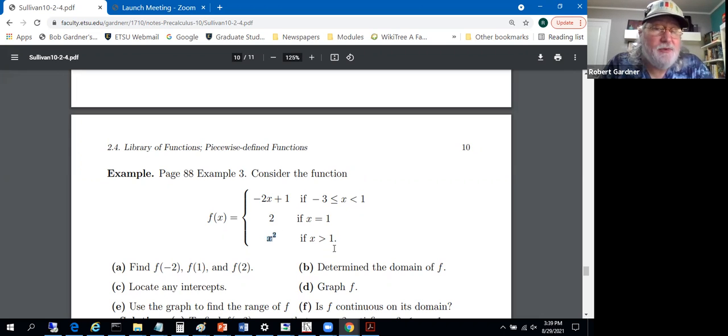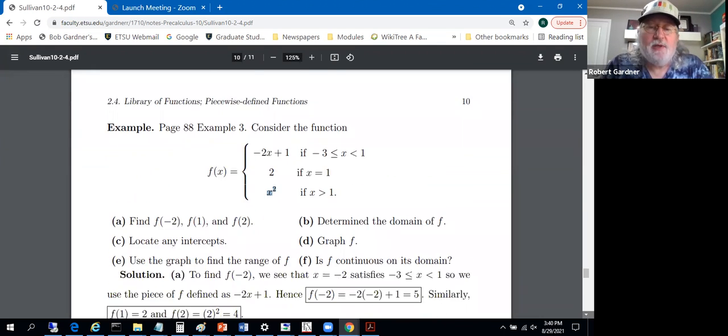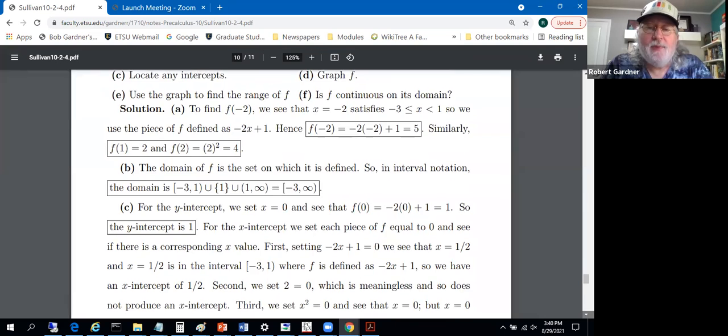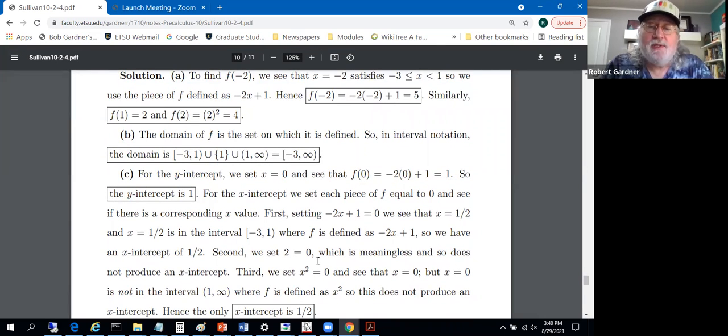And remember, you only use this piece when x is greater than 1. Back down to the computations. Thirdly, we'll set x squared equal to 0. If x squared equals 0, then x equals 0. But when you plug x equals 0 into the function, you don't use this piece.